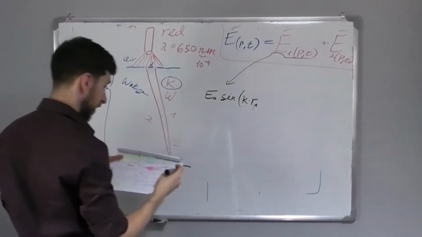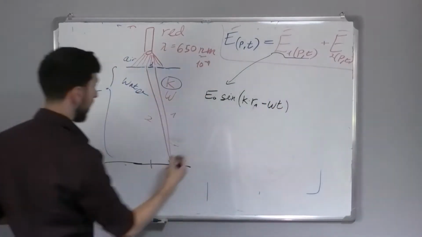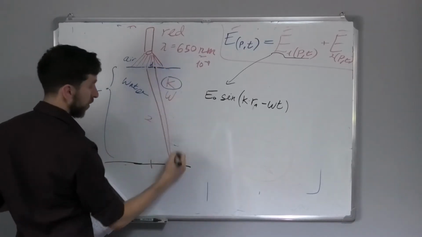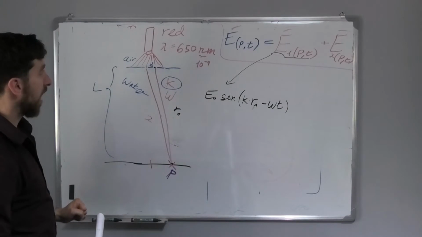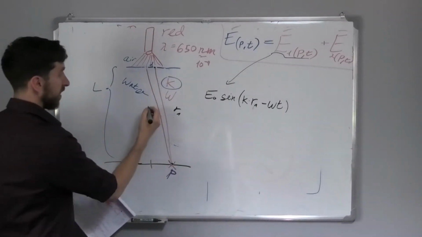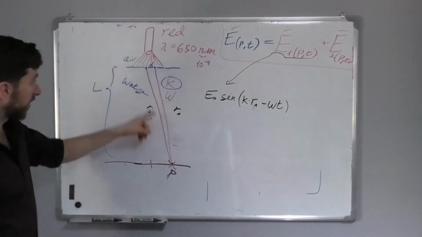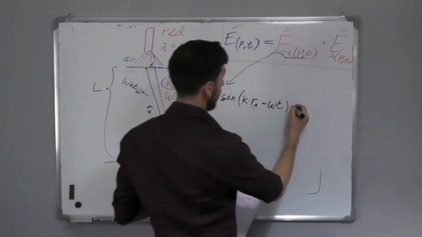It's k R1 minus omega t. And what is R1? R1 is this distance, from this point to this point, the distance that the light goes through. And this is going to be R2, the distance from here to here. It's a long distance, but they're different, they're not the same. It's a really important point.